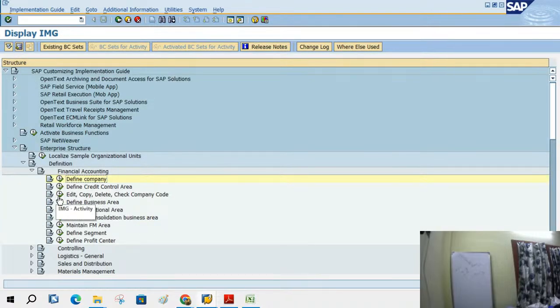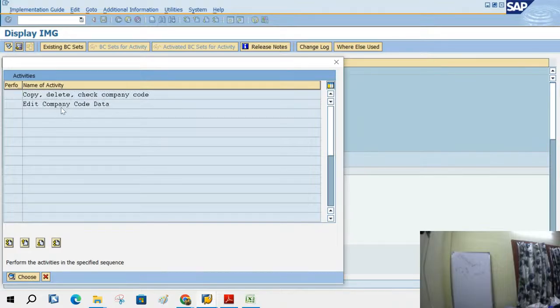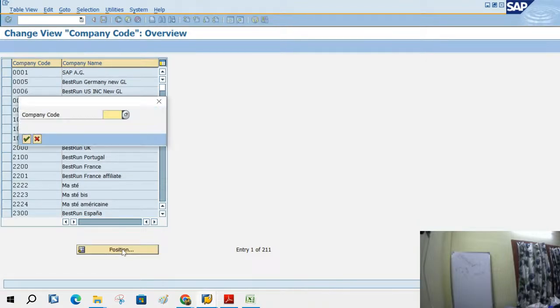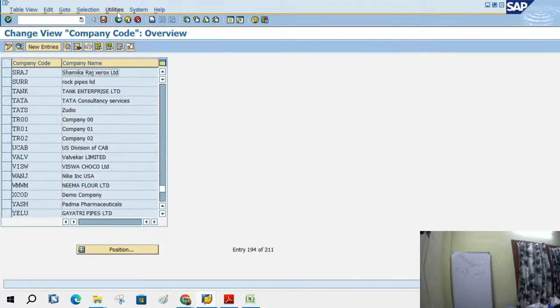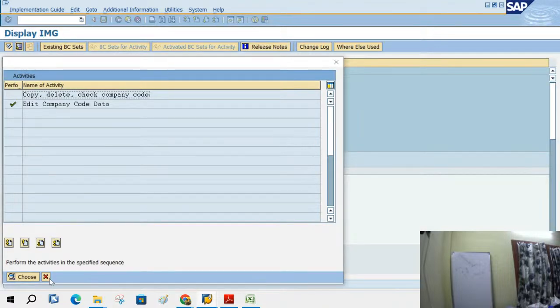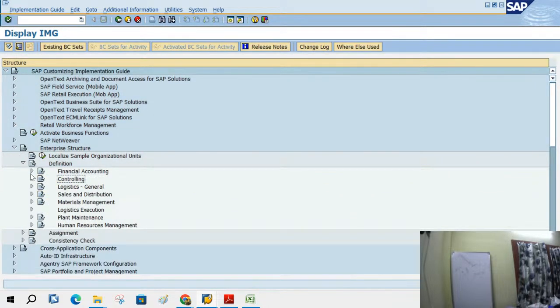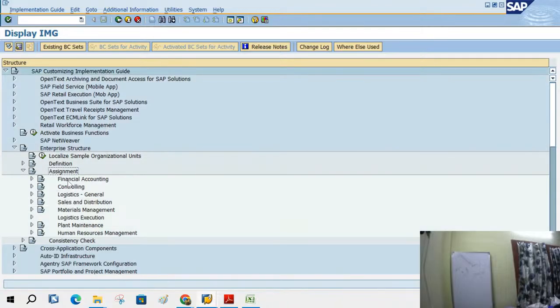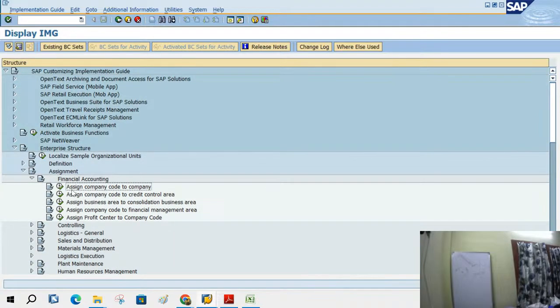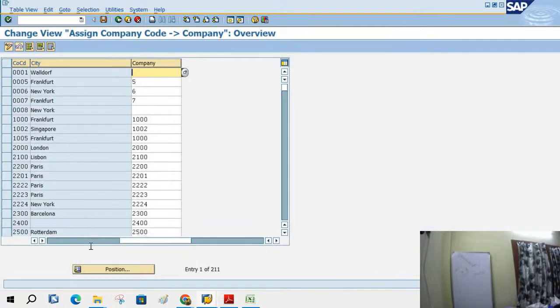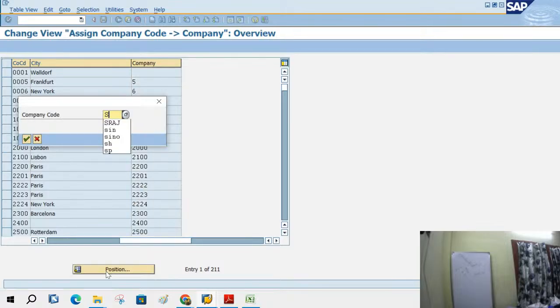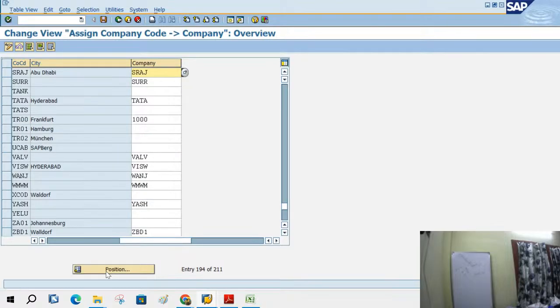Step 2, you have defined your company code also. Right? And then step 3, in financial accounting, assign SRAJ to SRAJ. Correct? You have done the assignment also. Correct?